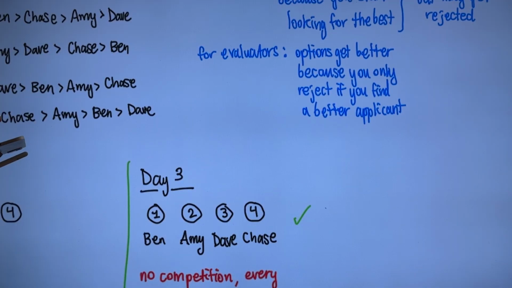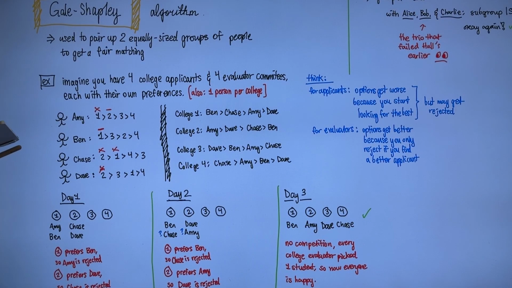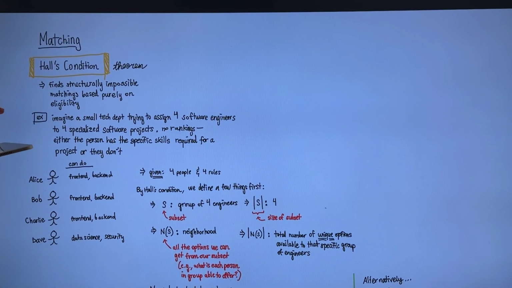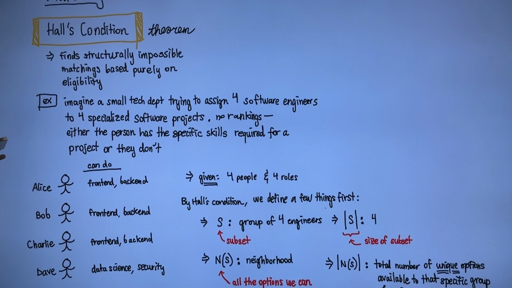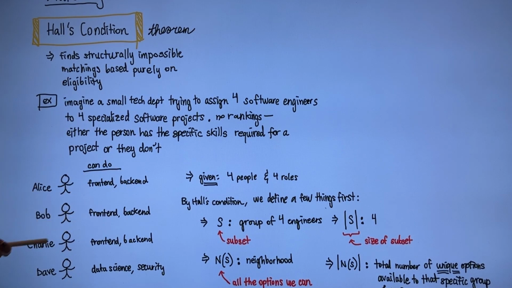Okay, so that was a pretty straightforward example for Gale-Shapley. So just to wrap it up, between the matching concepts, we have Hall's condition, where you're going to look between the options that your group offers. In other words, you're going to consider the size of your group and also the neighborhood of what your group offers in order to determine if you can get a perfect matching.